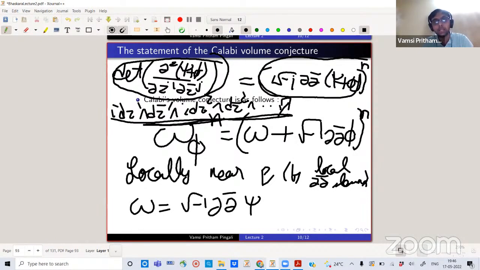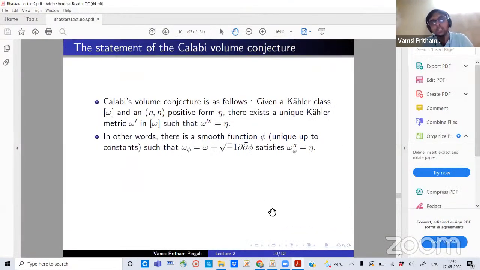In other words, what the Calabi volume conjecture is saying locally is you want to find a function the determinant of whose complex Hessian is a given function locally. This is what it's saying.